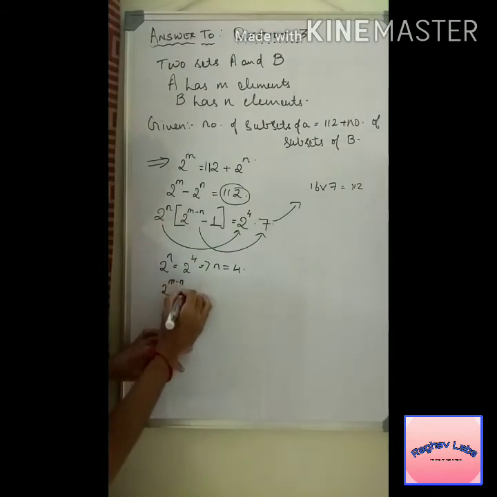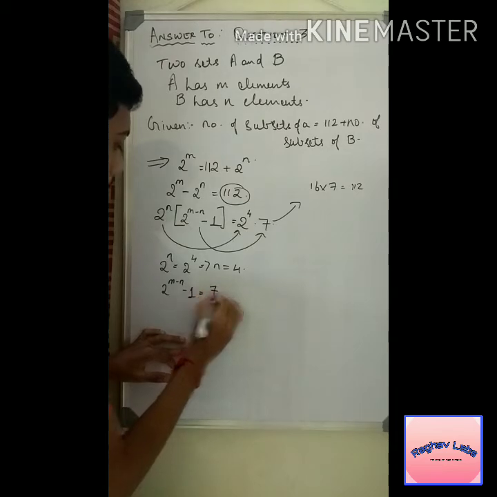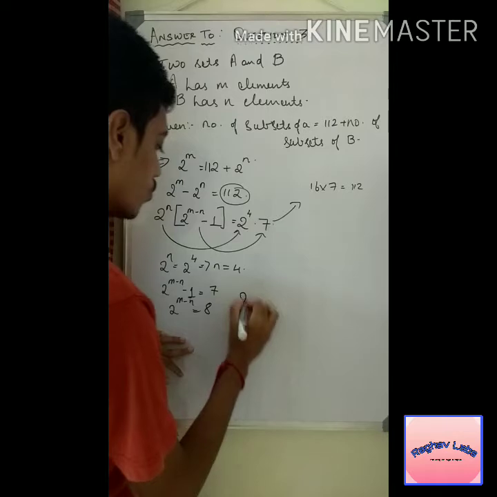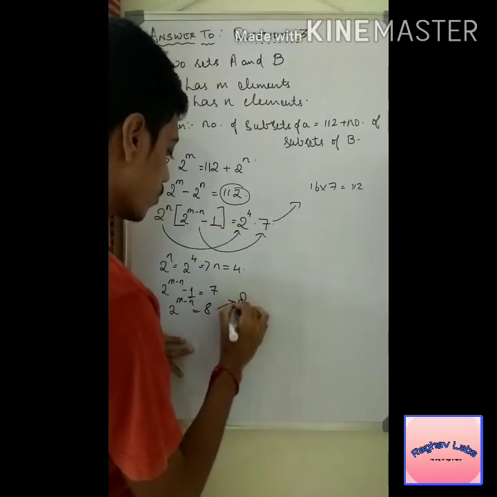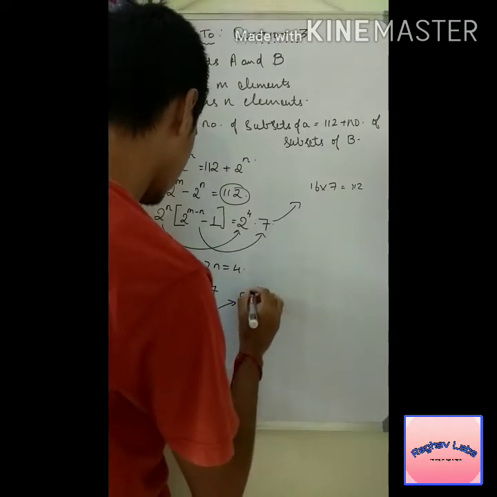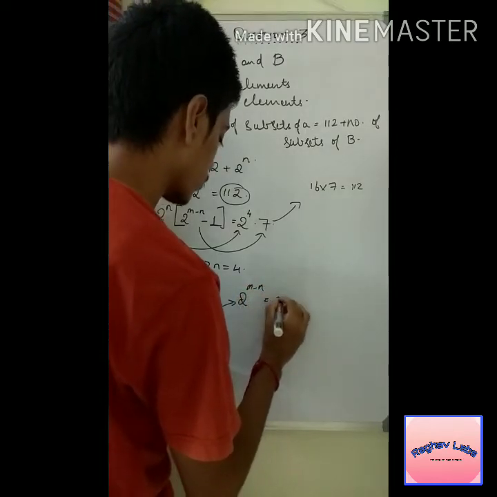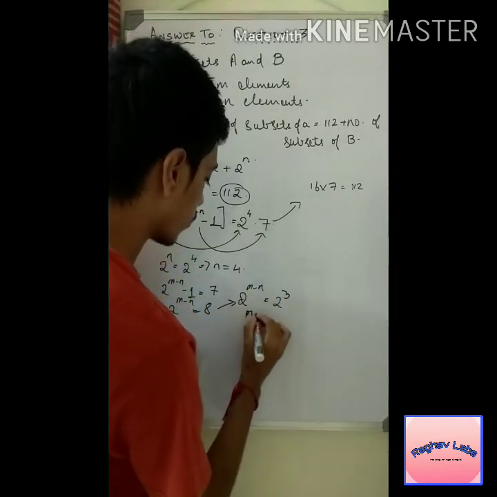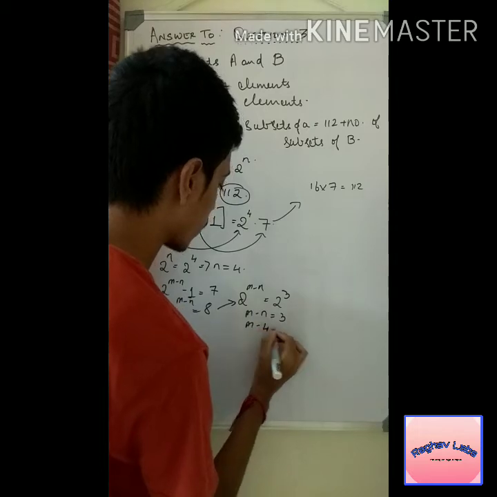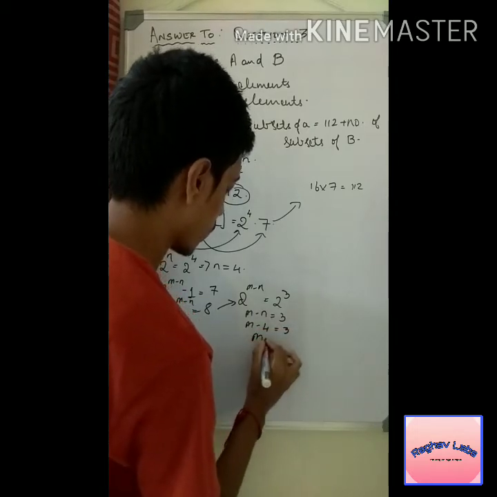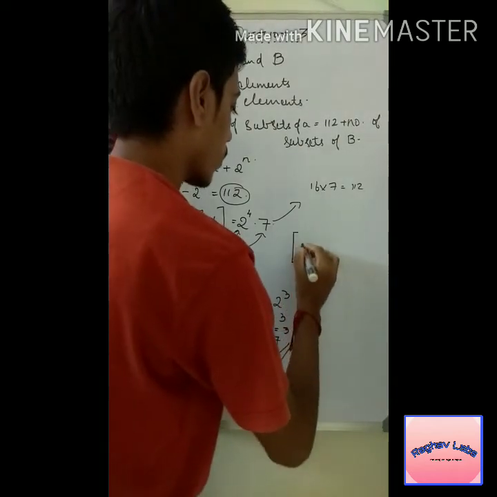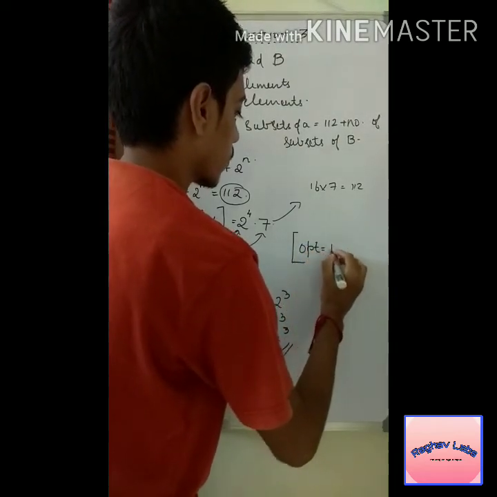And 2 to the power of m minus n minus 1 is equal to 7, so 2 to the power of m minus n is equal to 8. 2 to the power of m minus n is also equal to 2 to the power of 3, which is 8. So m minus n is equal to 3. Putting the value of n, m minus 4 is equal to 3, so m is equal to 7, which is in the given options, option B.